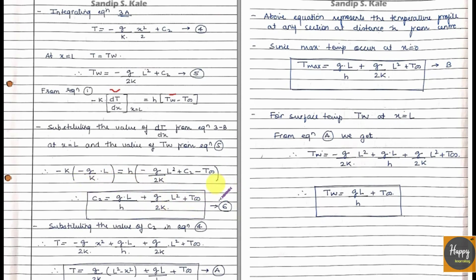Now substitute this value of C2 in equation number 4. So what do you get? T = -(g/k) x²/2 plus this C2 value, that is g L/h plus g/(2k) L² plus T infinity.